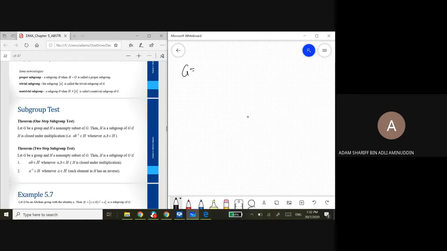G is Z under plus. Ini integer saja. H apa? H I define a very small one. H I define as a finite set. Saya buat 1, 2, 3. Okay. Kecil je.